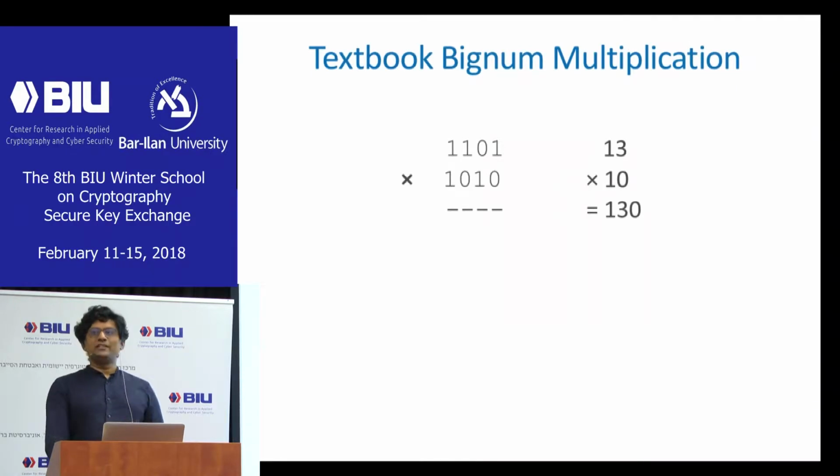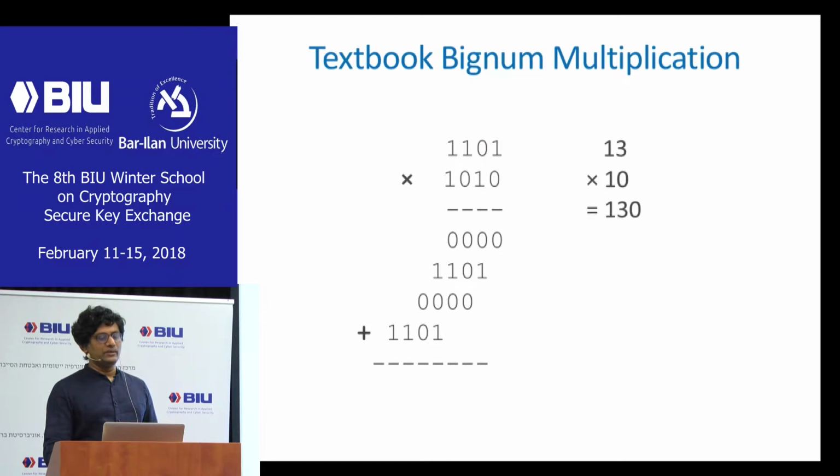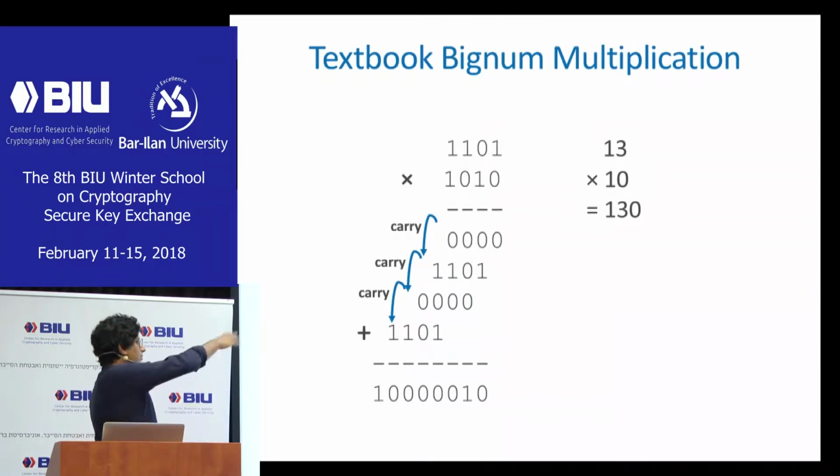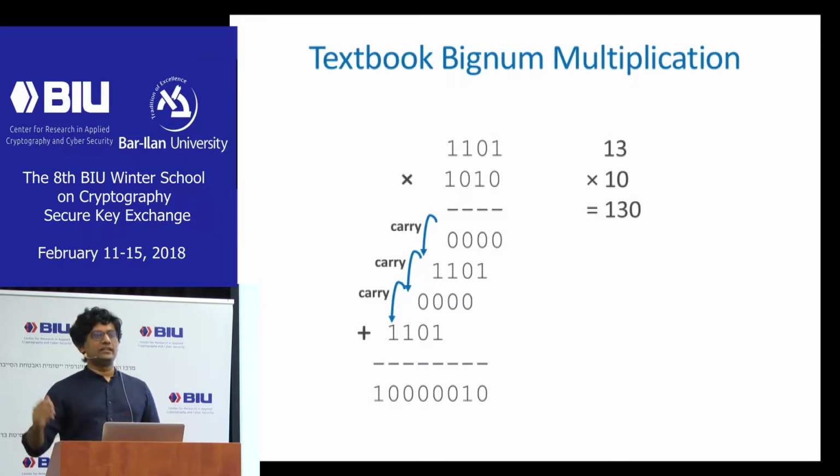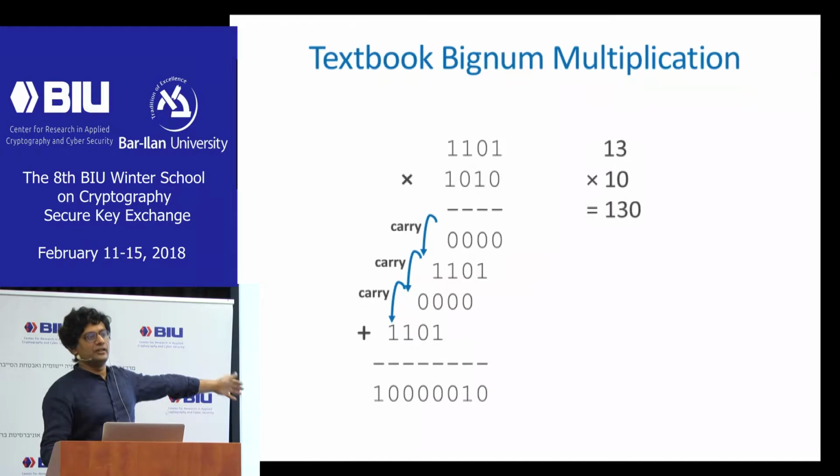So if you remember your textbook multiplication from school, this is sort of what we do when we're trying to multiply binary numbers, and if you try to do decimals, it's the same. We basically multiply digit by digit, we do the carry over, we compute the sums of everything, and that's our multiplication. That's the textbook multiplication algorithm, right? And if you do Bignum multiplication over large numbers, it's pretty much the same. It just has a larger sequence of bits on each line.